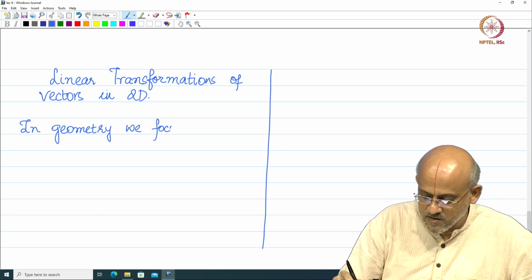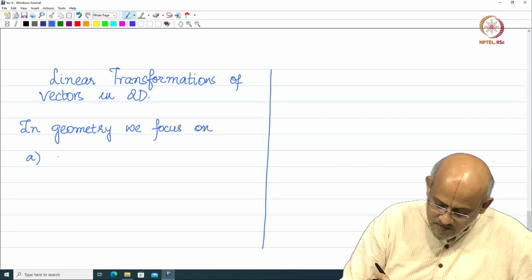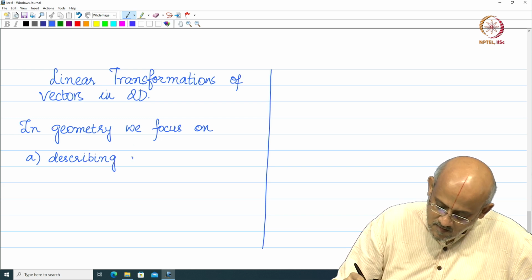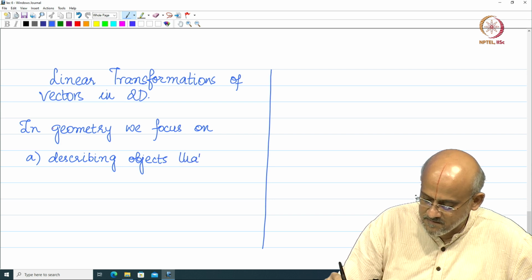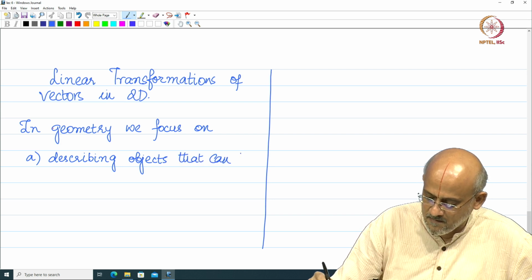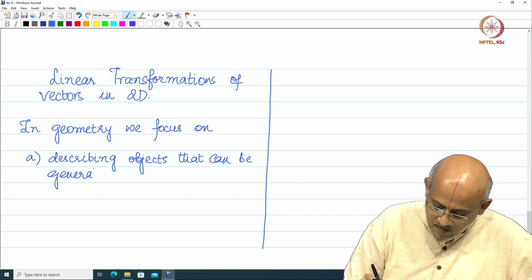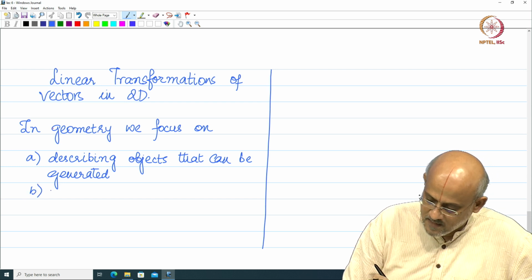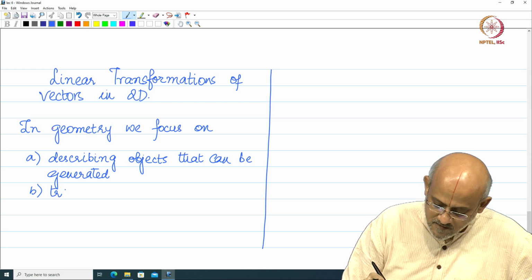We focus on, A, describing objects that can be generated, and B, how we can change these objects or transform these objects.